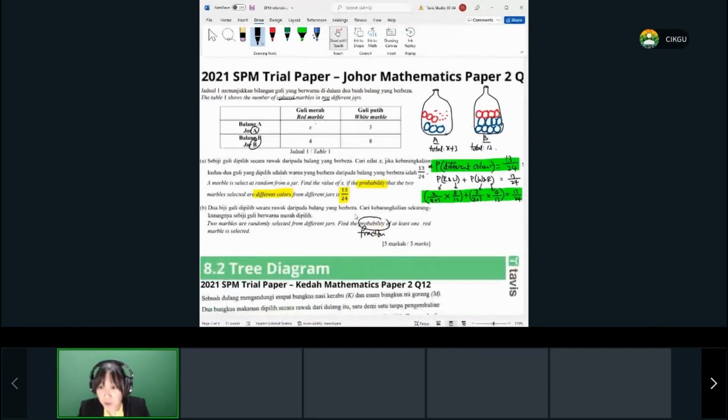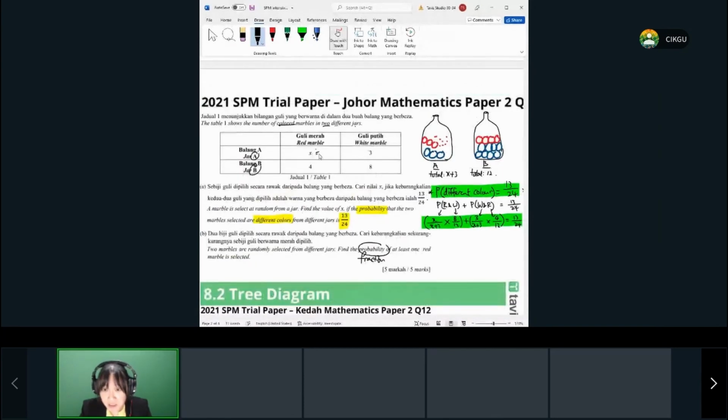Let me replace it here. X is 5. That means in A, there are 5 red marbles. Then what do they say? 2 marbles are randomly selected from different jars.